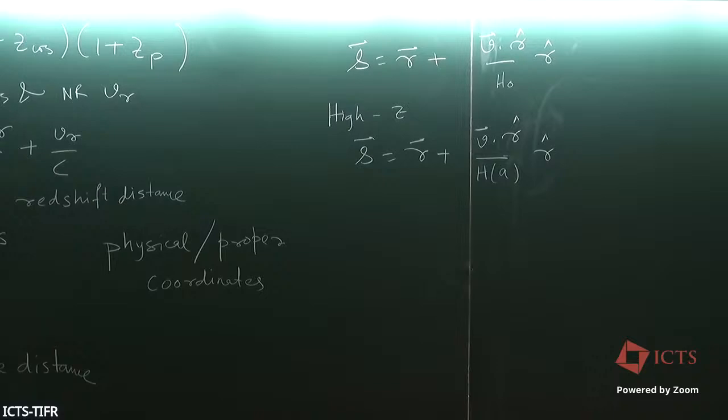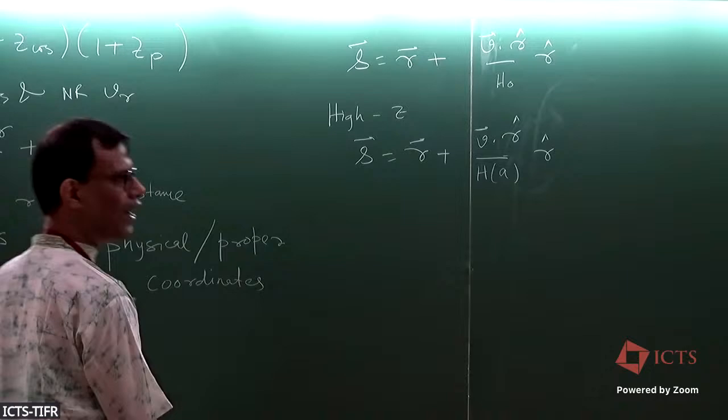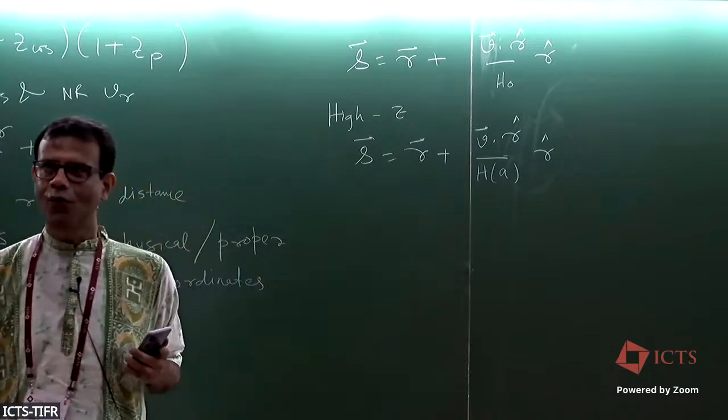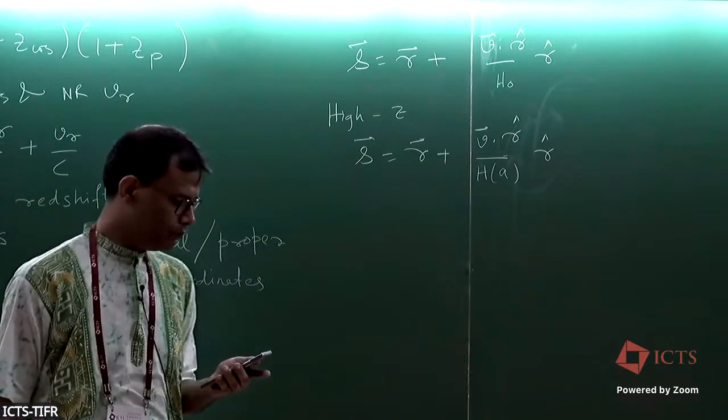Okay. So remember, this is the true or real distance, and that is the redshift distance. Redshift distance is the only thing we kind of observe. So now let us try to see first, qualitatively, what is the effect.